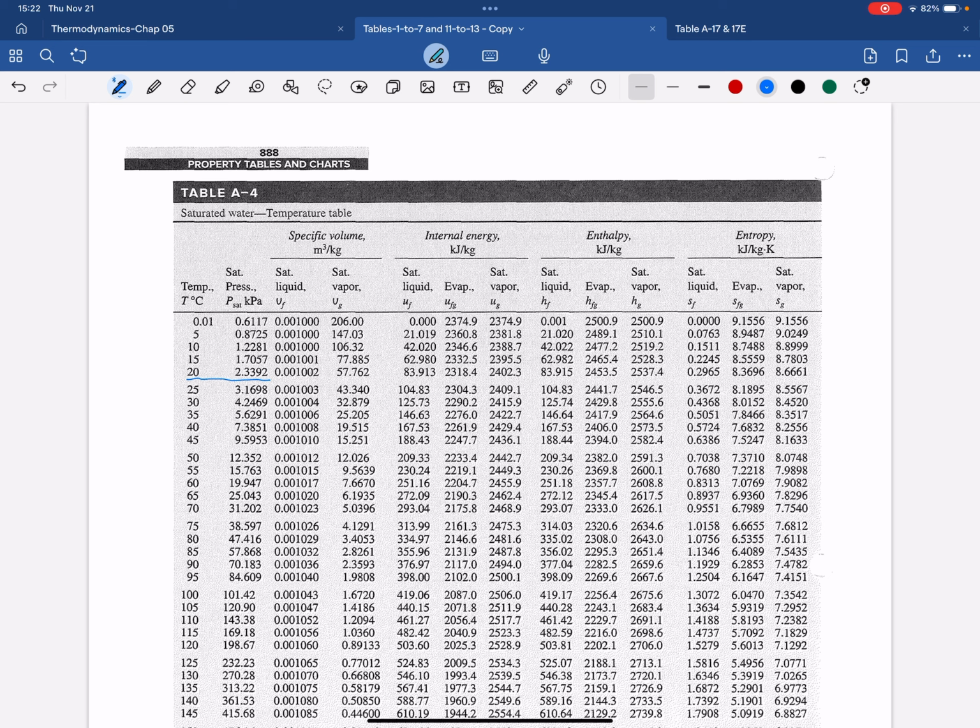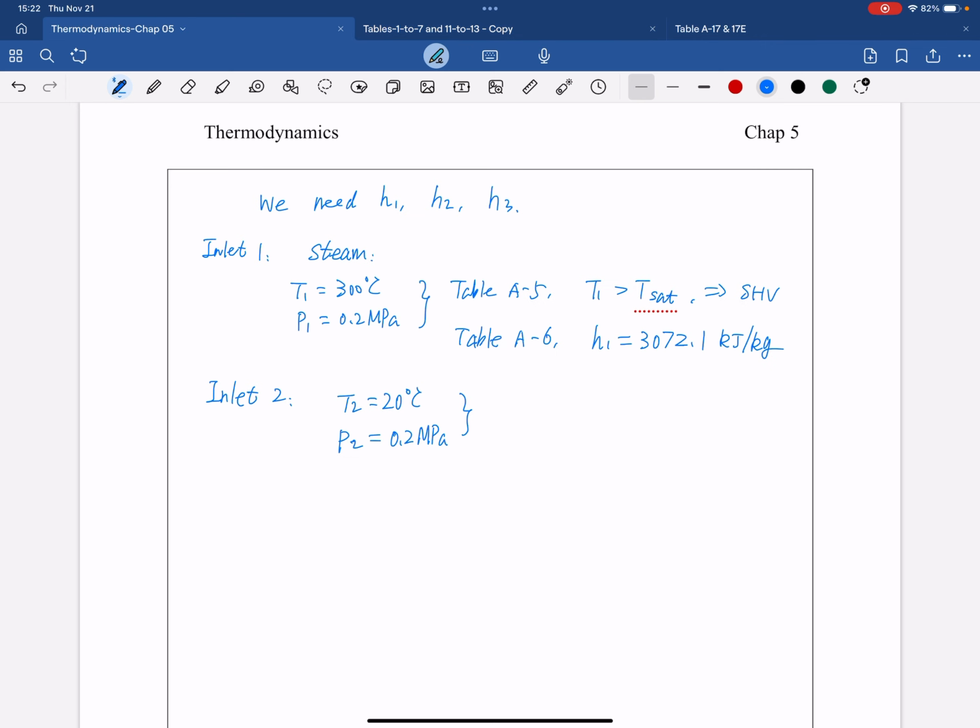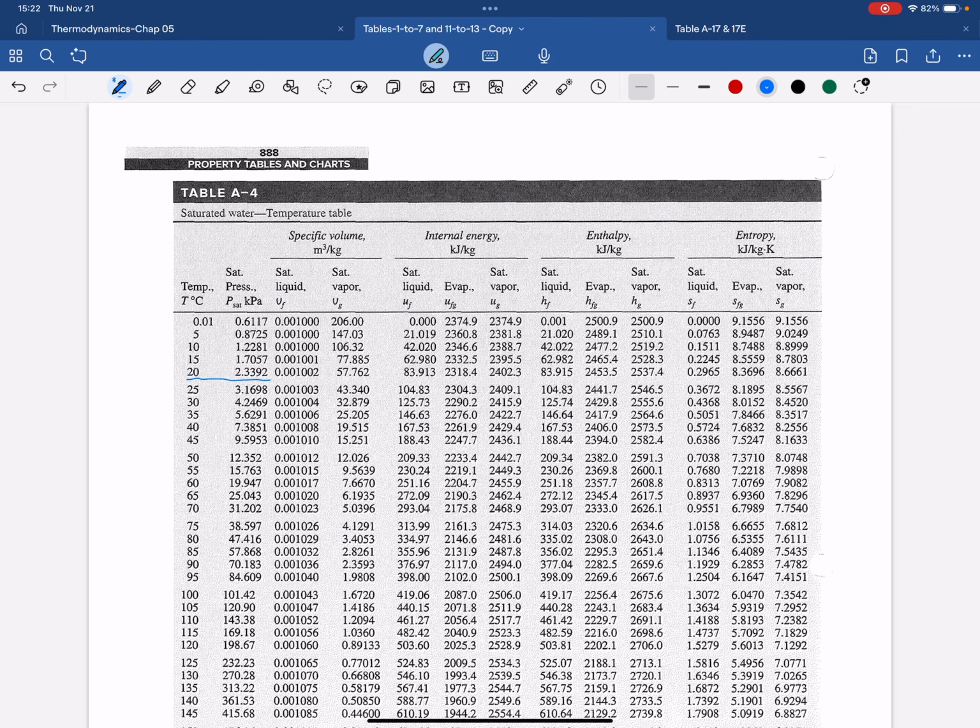So this is over-compressed. This is a compressed liquid, CL. In this case, our h2 will equal hf at this given temperature, 20 degrees Celsius. And the table tells us 83.915.